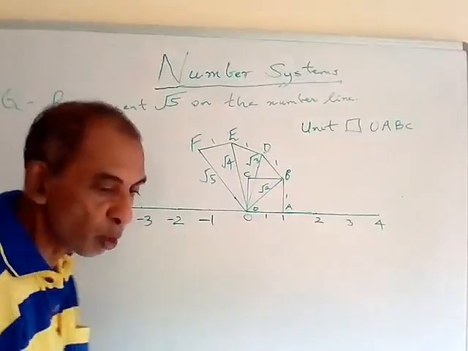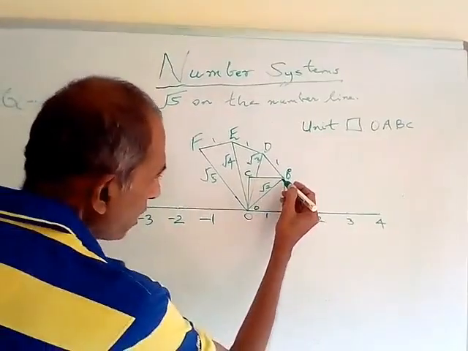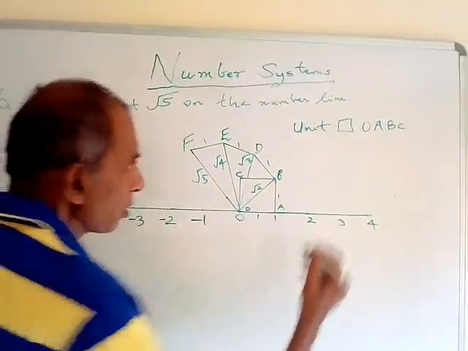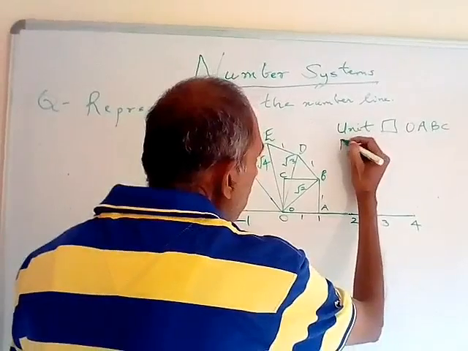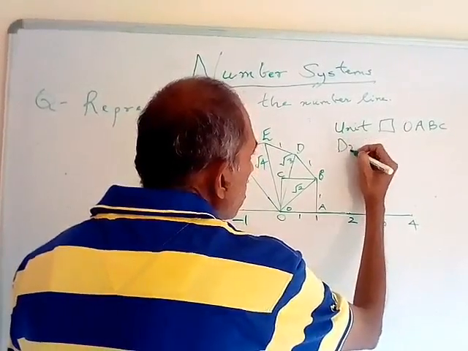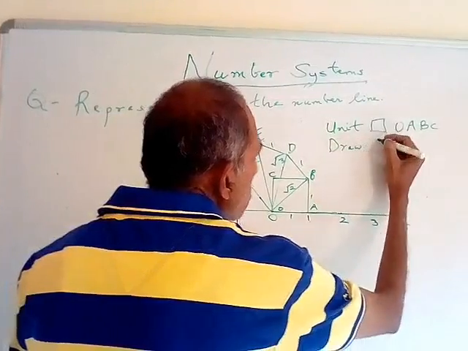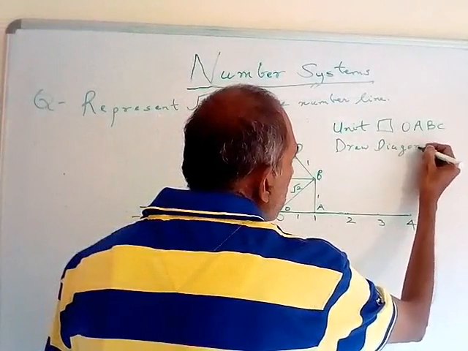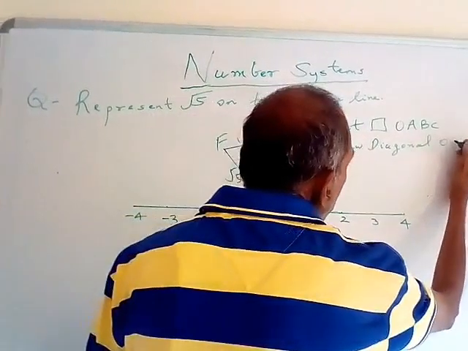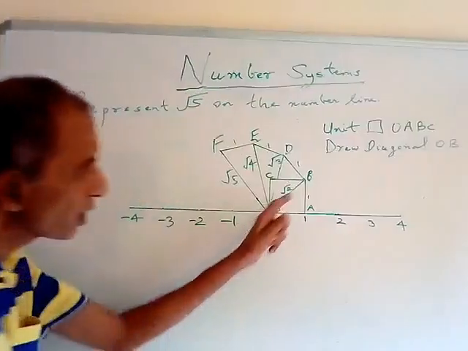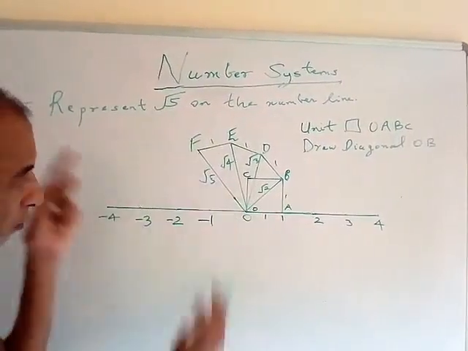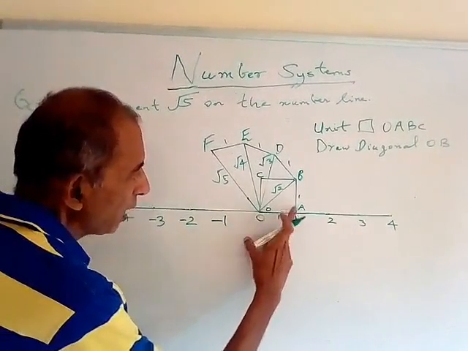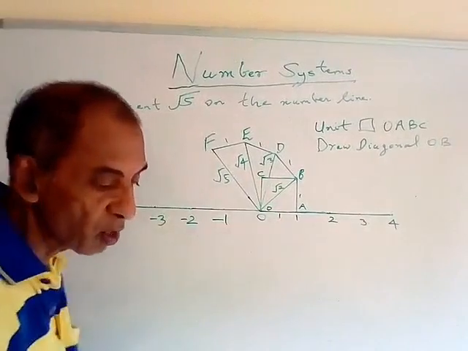Since it is a square, we are drawing a diagonal OB, a diagonal across inside the square. Since it is a square, all the 4 angles inside the square, angle O, angle A, angle B, angle C, are each 90 degrees.